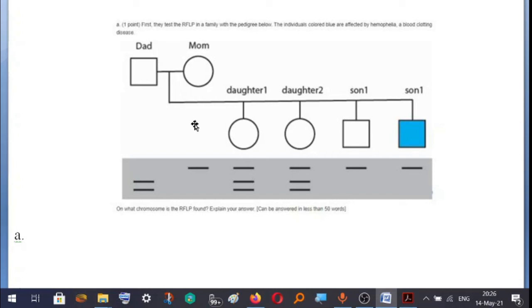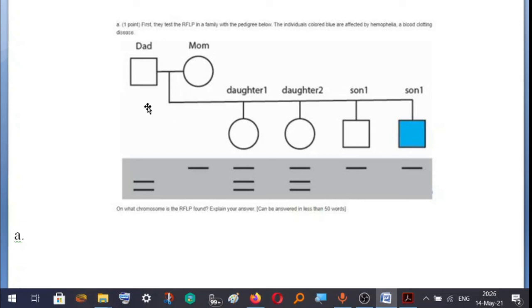First is autosomes and the second is sex chromosomes, and there are 23 pairs of chromosomes, out of which 22 pairs belong to autosomes and the one pair belongs to sex chromosomes. And in the sex chromosomes there are again two types, that is X chromosome and Y chromosome.